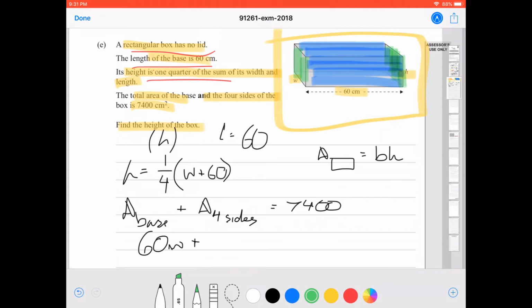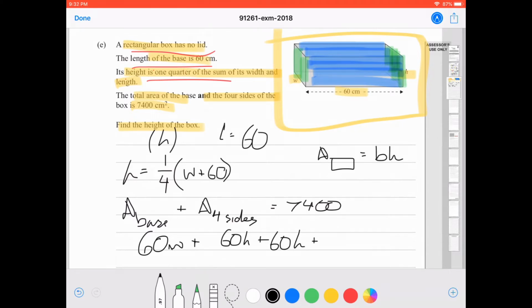Obviously they're overlapping. Okay, so the area of the blue is going to be base times height again. Its base is 60, its height is h, and there's two of them, so we could say 2 times 60h. For now, let's say 60h plus 60h.